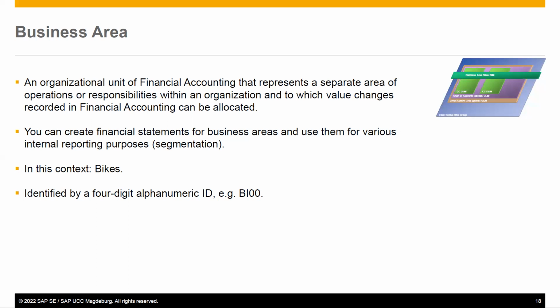So this business area is for internal accounting. Internal profitability, internal decision making, not for the external. For external, we have the company code.